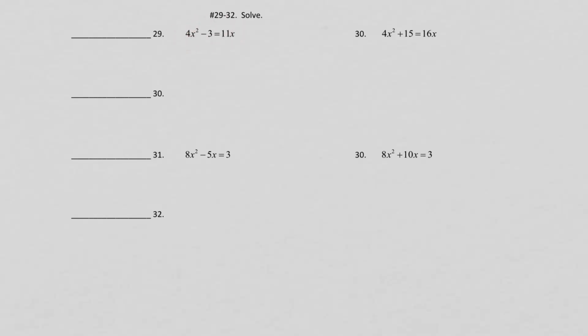Okay, I need to solve this. This is a quadratic equation, so I need to start by making it equal to 0. So I've got to move that over. So I have 4x squared minus 11x minus 3 equals 0. So I'll try 4 and 1, and the only reason I'm trying that is because this is such a big number. So I have 4x and x.